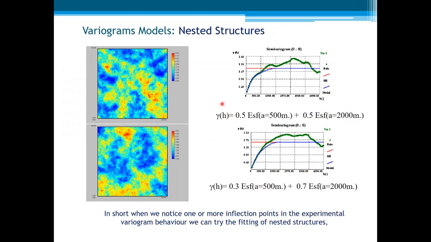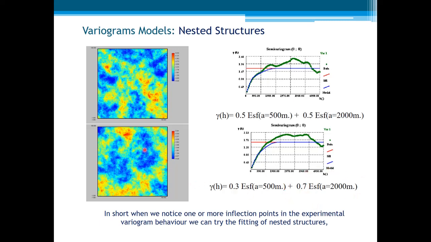But the nested structures can result from weighted averages of the single structures. See the comparison, for example, of one arithmetic average with equal weights of both structures, with this one with more weight, 70%, of the large structures of 2000 meters range.